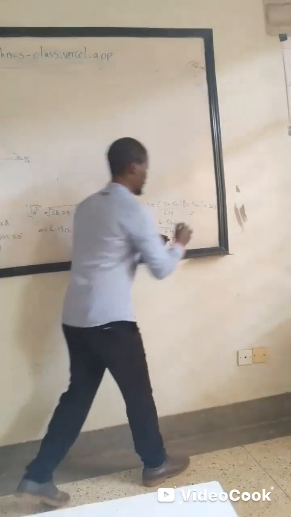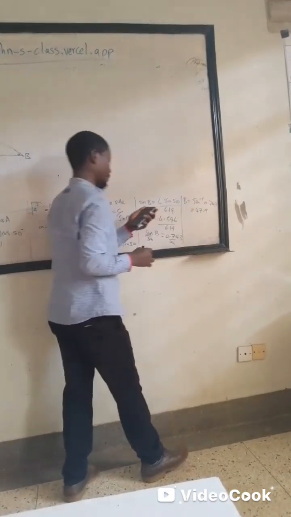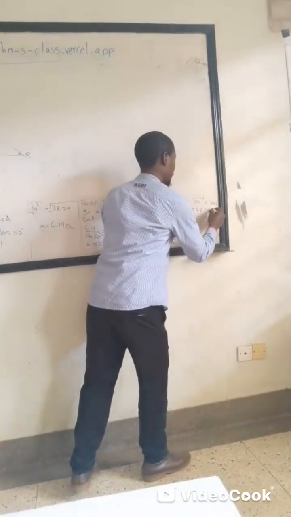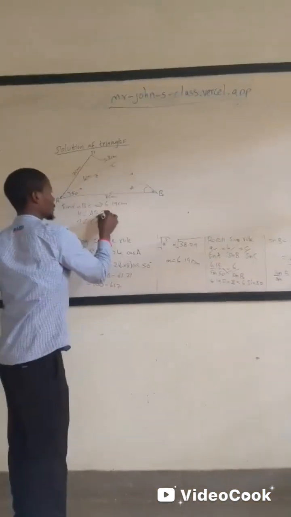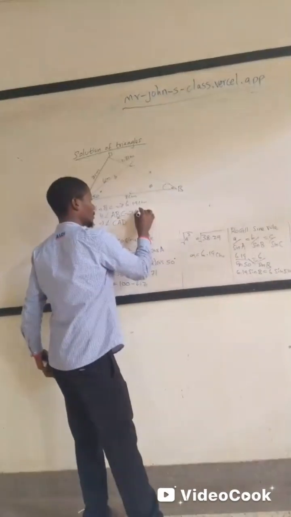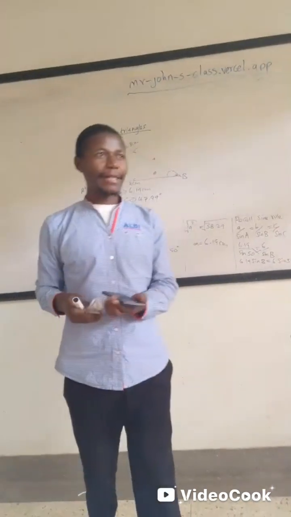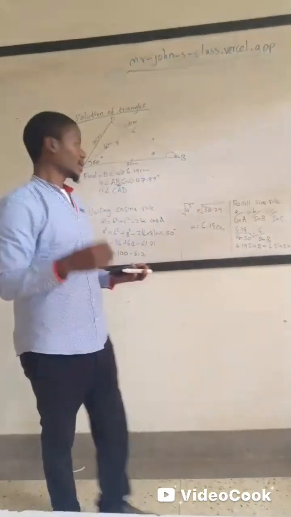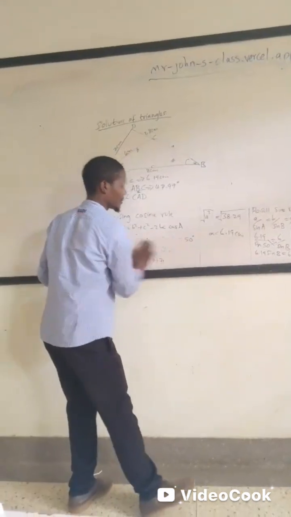That gives me 47.99 degrees. So the size of this angle is 47.99 degrees. That is it, unless there's a question. But just before that, let's get the last bit of it.